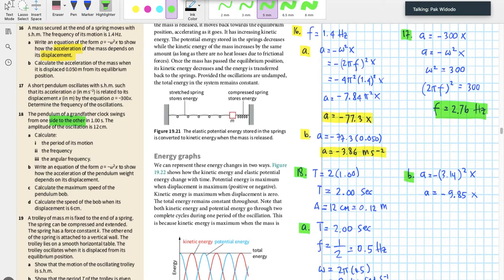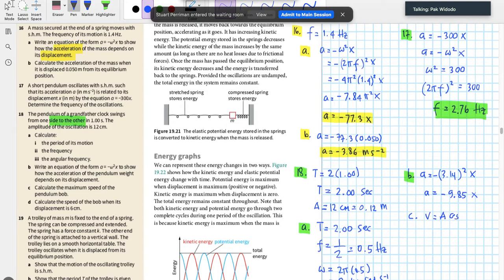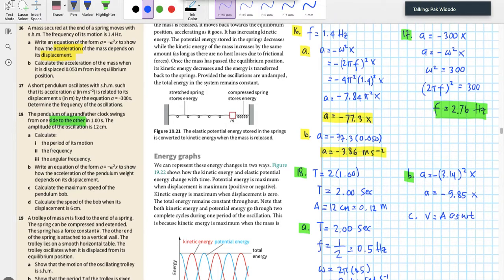Okay, what about the C question? The C question asks to calculate the maximum speed of the pendulum bob. Okay, v equals, we have the formula A cos omega t. Oh sorry, A omega. Wrong, we must fix it.